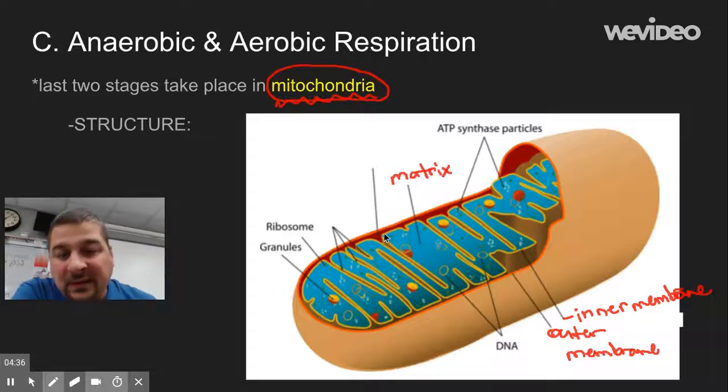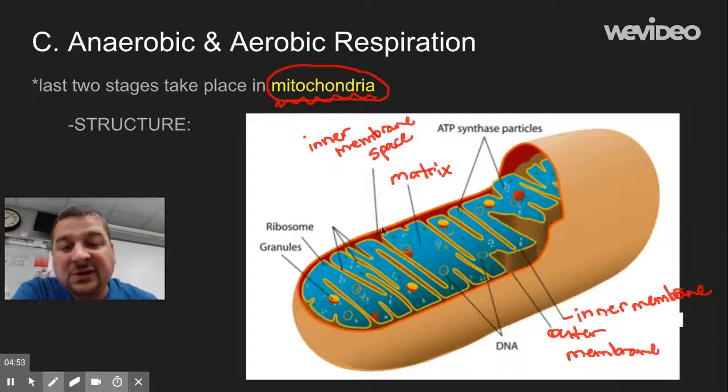In between the inner membrane and outer membrane, there's actually a space. We call this the inner membrane space. When we get to the electron transport chain, this space will become important. And then these little folds: the inner membrane doesn't just go all the way around the inside like in the chloroplast.